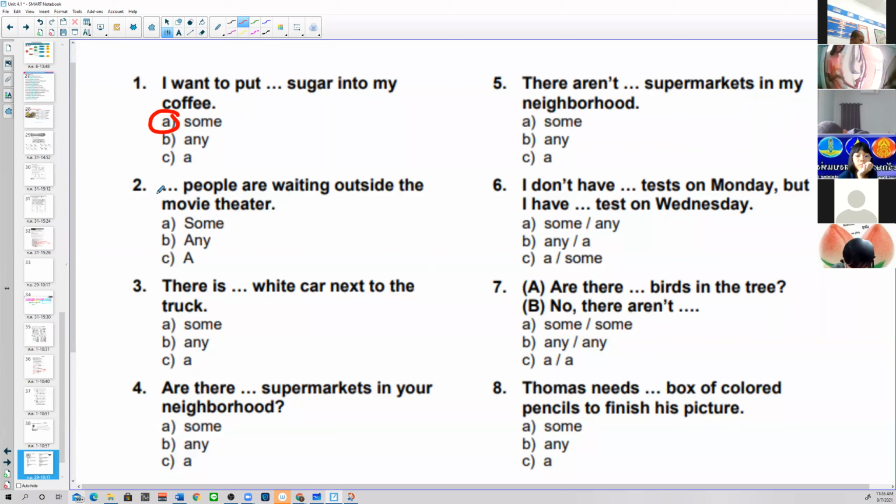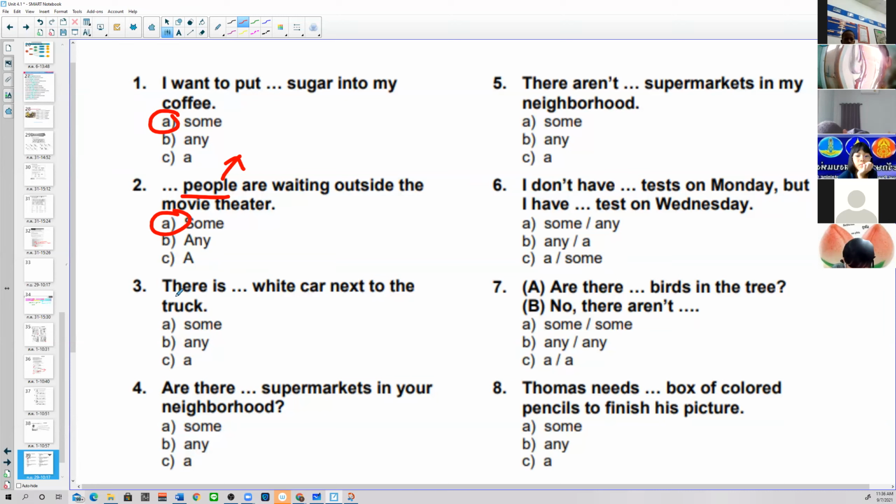Number 2, what is it? Some. People, more than one, right? So you have to use some. Some people are waiting outside the movie theater.